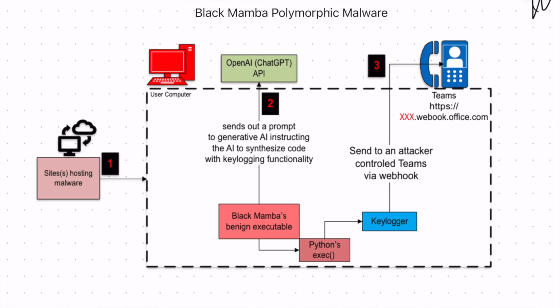But anyway, let's talk about the Black Mamba polymorphic malware. What is it? In this image, I'm going to explain the whole process of how the hack happens. As an introduction, what does it do? It basically uses neural network code synthesis from ChatGPT or any other AI generator. It doesn't really have to be ChatGPT.